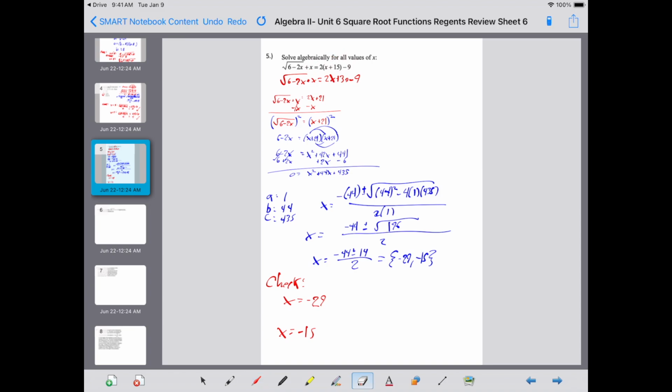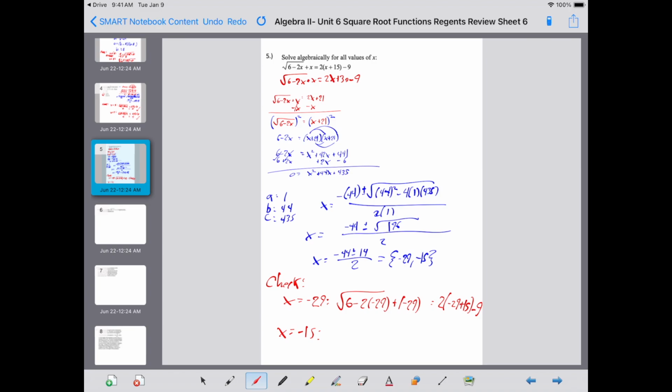So, plug that into the original. Square root of 6 minus 2 times negative 29 plus negative 29.